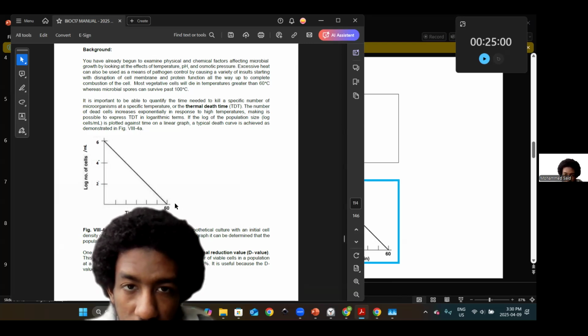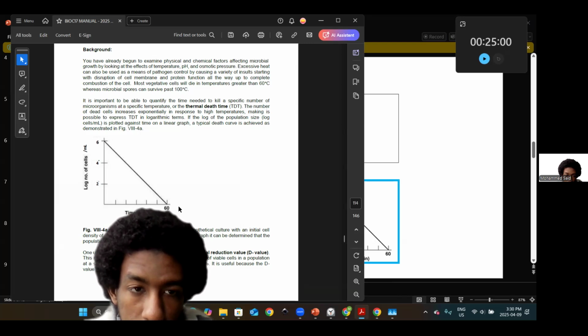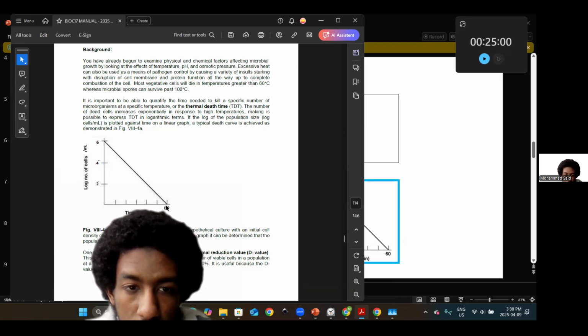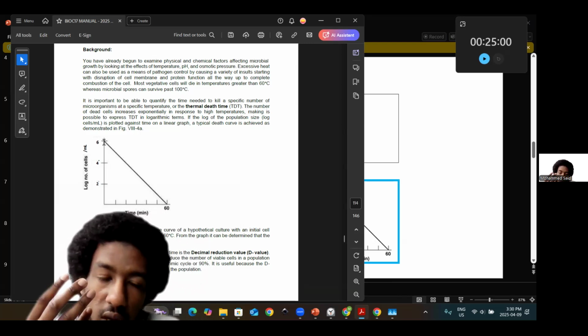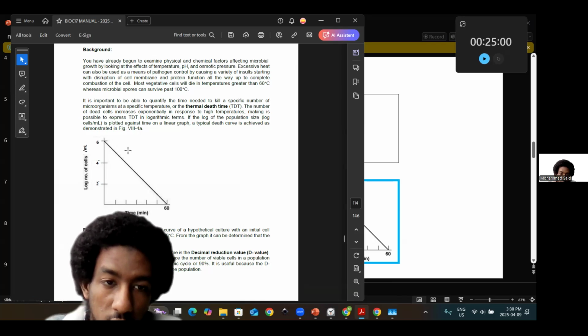So the idea is that then the thermal death time would be assumed. Technically, you want to be more precise, in fact, right? It could be 59 minutes, because it's very hard to tell here where you actually have no more, like the time that it takes for a specific number of microorganisms to die. If you start off with, and I want you guys to think about this, let's say 100 bacteria, and it goes all the way down.